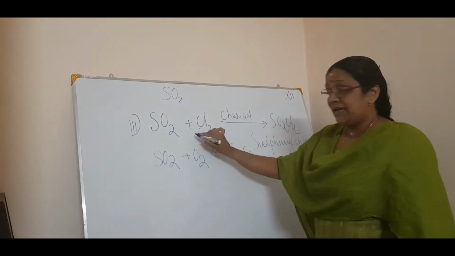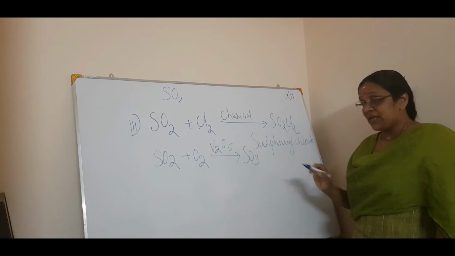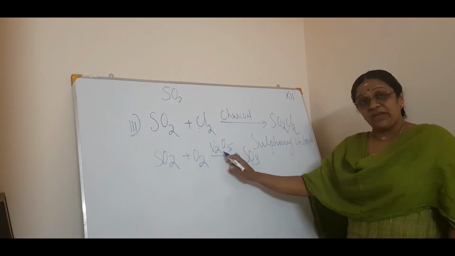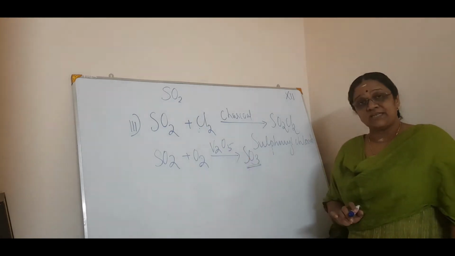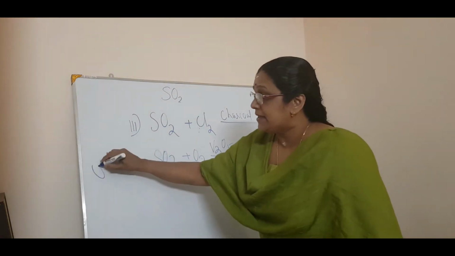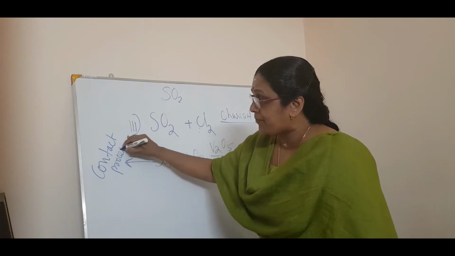When chlorine adds on, it forms an adduct called SO2Cl2, that is sulfuryl chloride, and with oxygen, V2O5, vanadium pentoxide as a catalyst, forms sulfur trioxide. And this is the main step for the preparation of sulfuric acid, which is called the contact process.